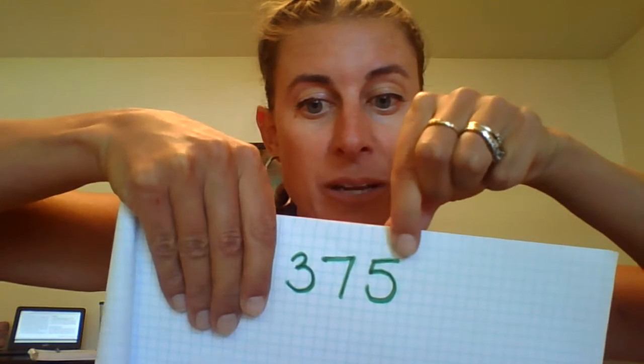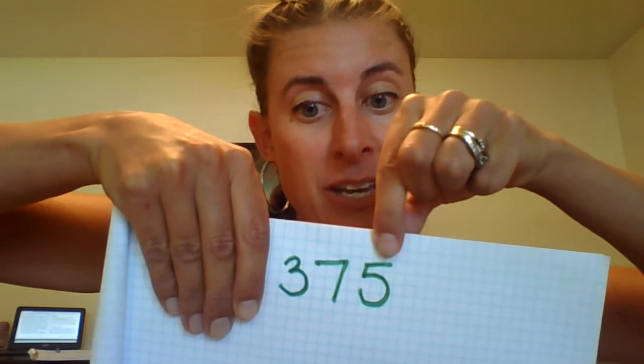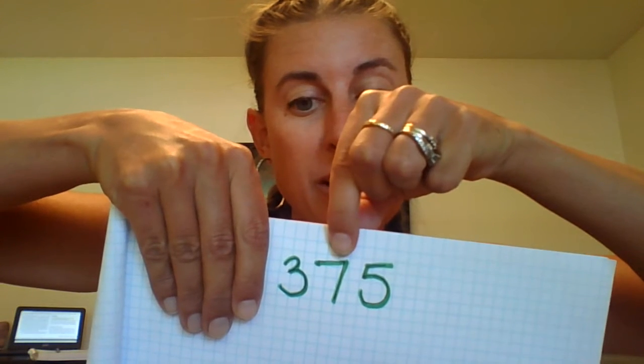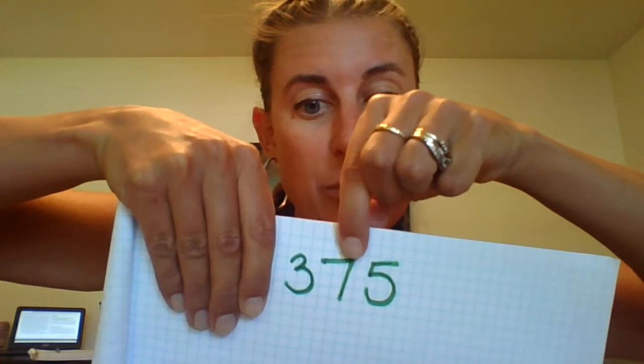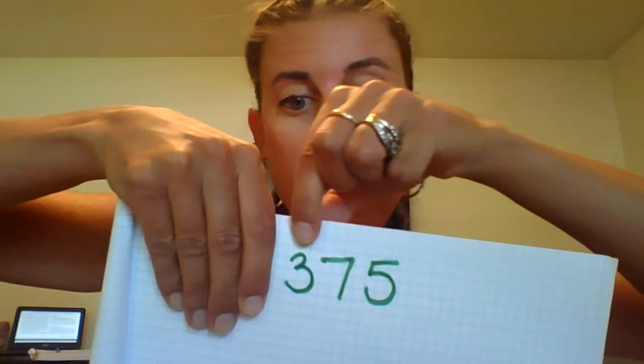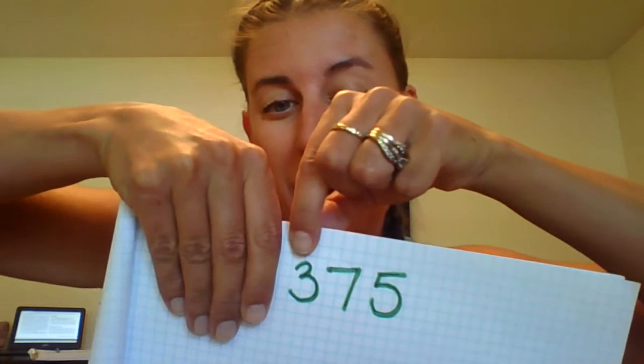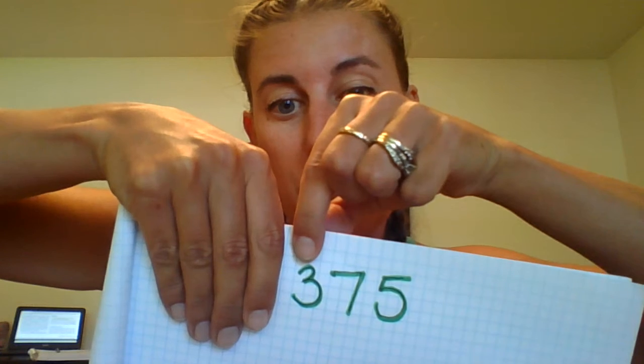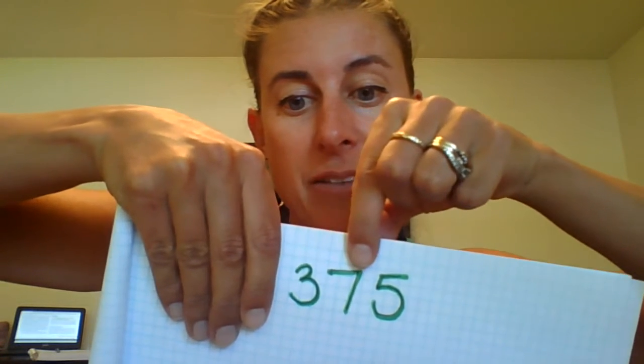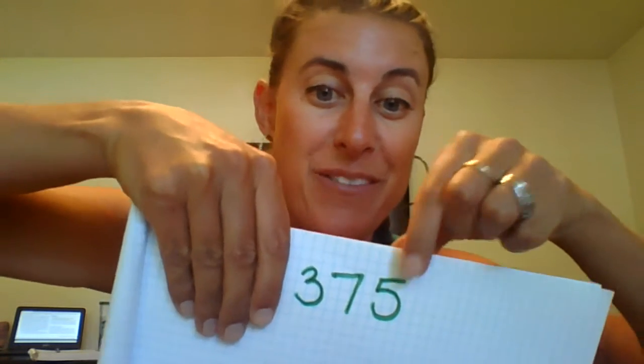If you had been given this much money, you would have been given $5. You would have been given 7 $10 bills or $70 right here, and you would have been given 3 $100 bills or $375 if you had been given that much money. That'd be pretty cool, right?